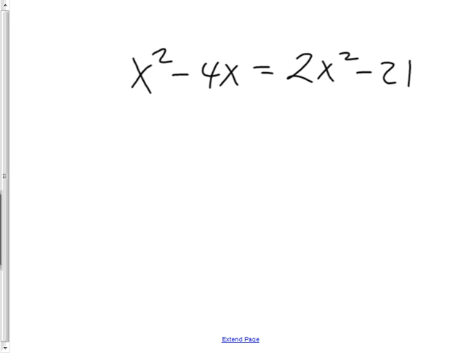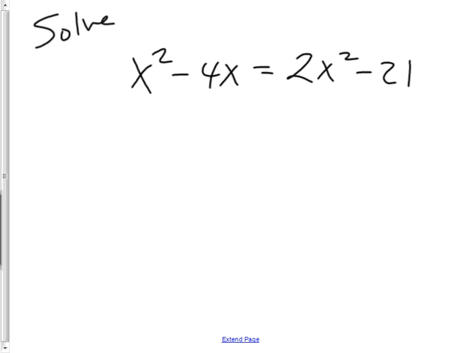Would you agree that that's sort of the same as finding the solutions? Would you agree that the solutions are the same as the roots, the x-intercepts? They're all the same. So don't get confused by this. If they ask you to solve it, or to find the x-intercepts, or to get the roots, or to get the zeros, they're all the same thing. So when I say solve, that just means get the roots, get the solutions, get the zeros.